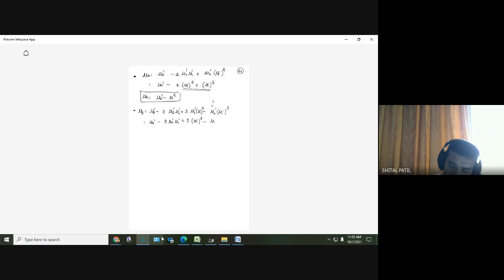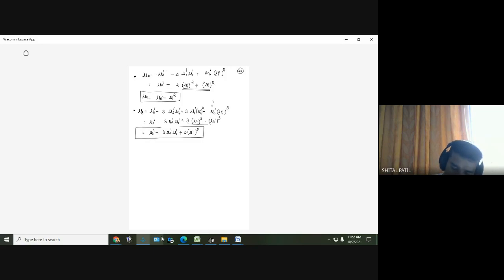So mu1 dash cube, add these two, so 2 mu1 dash cube.